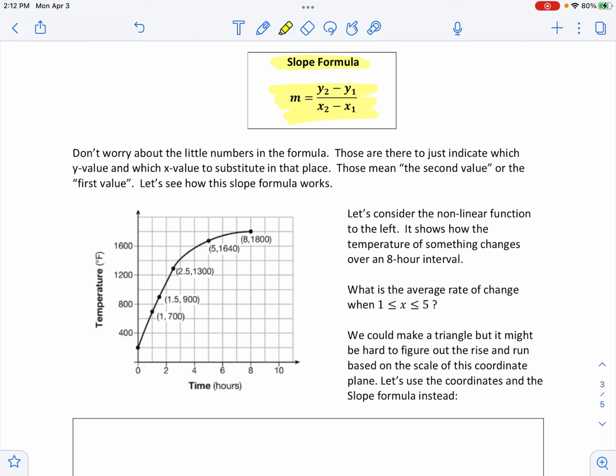You'll notice that the points have larger numbers and that the scale of the graph doesn't really make it easy for us to find the rise and the run. So let's use the slope formula to figure out the average rate of change between the intervals x equals 1 and x equals 5.